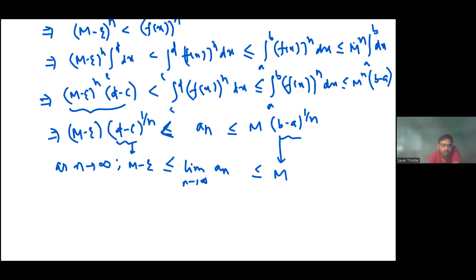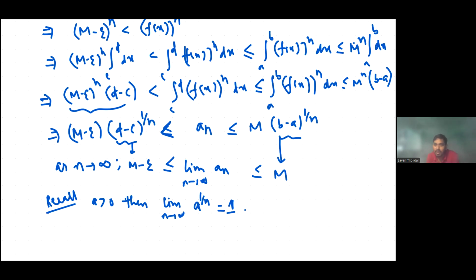Recall from sequences that if a is a positive real number, then the limit as n tends to infinity of a to the power 1 by n is 1. The proof works like this: if a equals 1, the sequence trivially goes to 1.